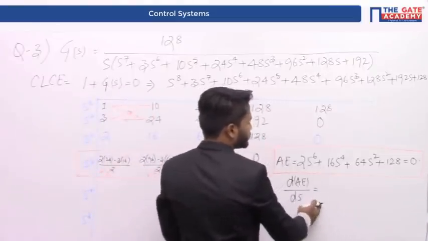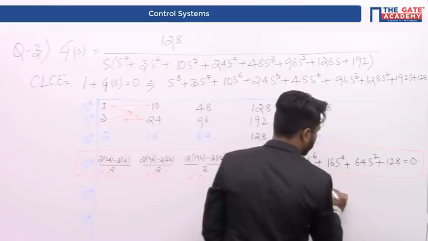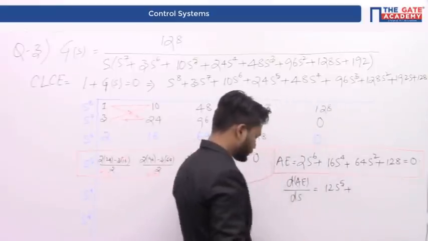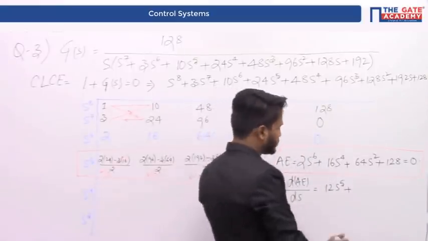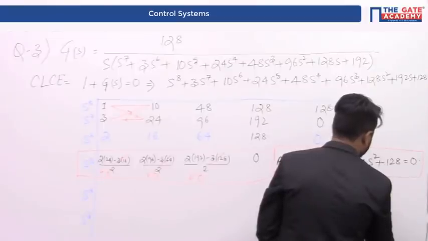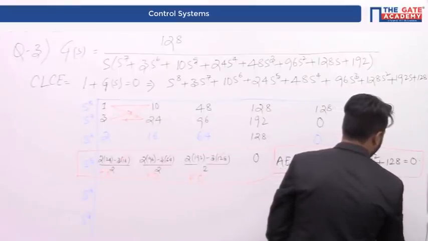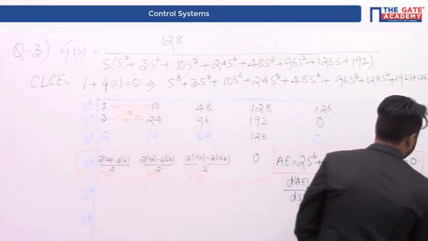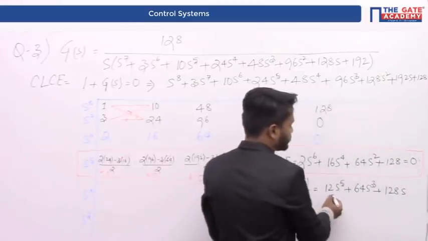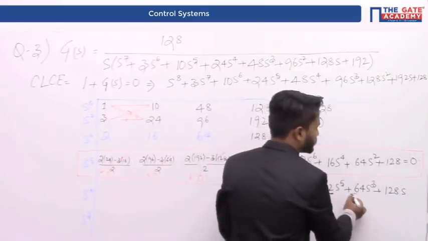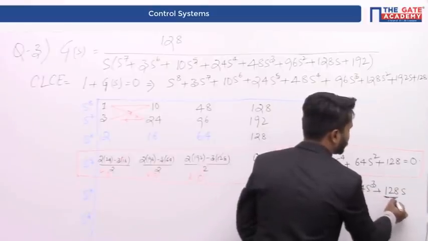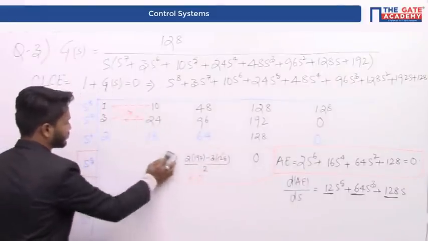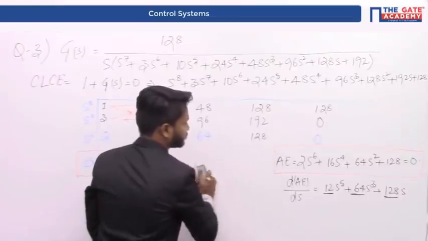Therefore, the differentiation will be something like this: 2 into 6, that is 12s power 5, plus 16 into 4, that is 64s power 3, and 64 into 2, that is 128s. So replace the next row with these coefficients, that is 12, 64 as well as 128.